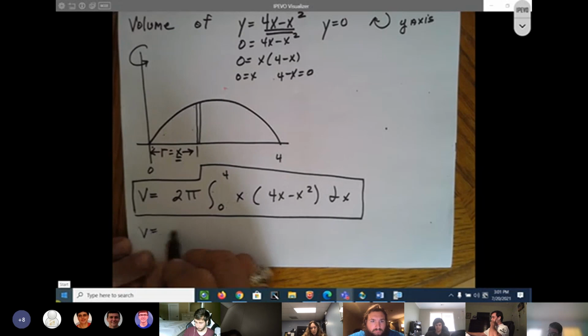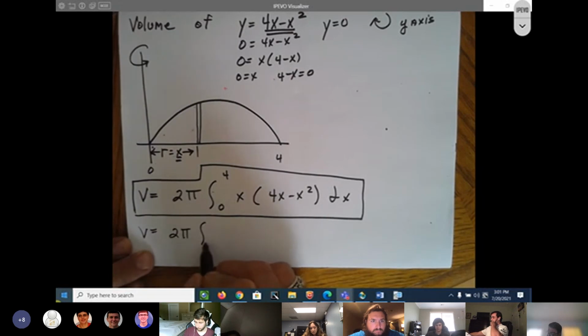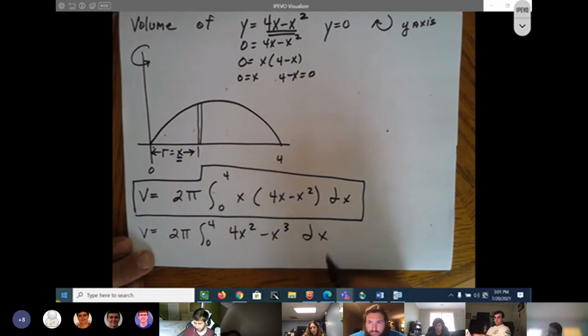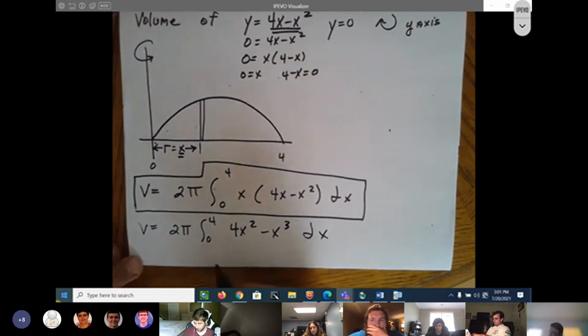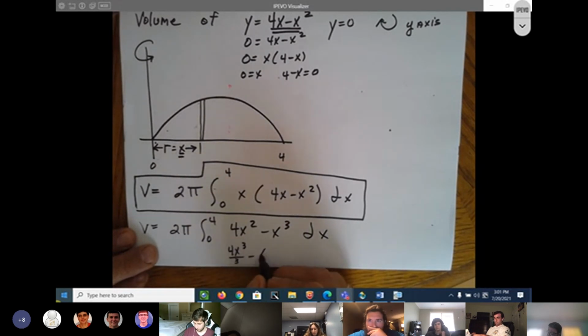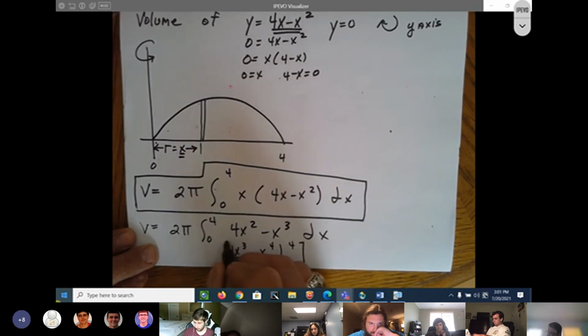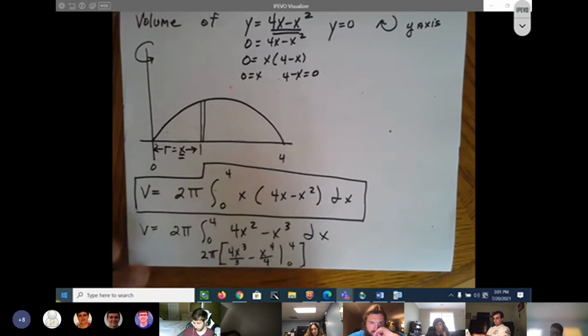So V is equal to 2 pi integral from 0 to 4 of 4x squared minus x cubed dx. And that's going to be 4x to the third over 3 minus x to the fourth over 4, evaluated at 0 and 4, multiplied by 2 pi.